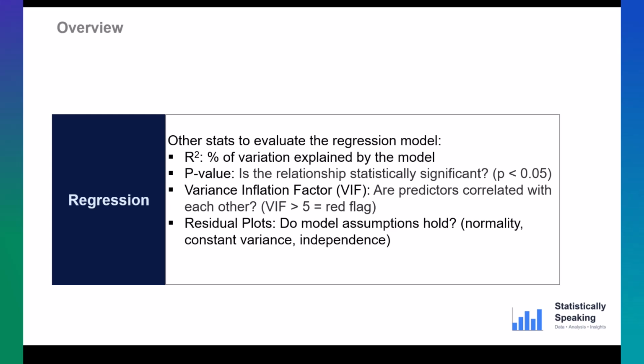Variance inflation factor, very important, and we'll spend quite some time actually doing this. What this determines is whether predictors are correlated with each other. Generally speaking, the industry benchmark is that if the VIF is more than 5, that's a red flag. That shows multicollinearity.